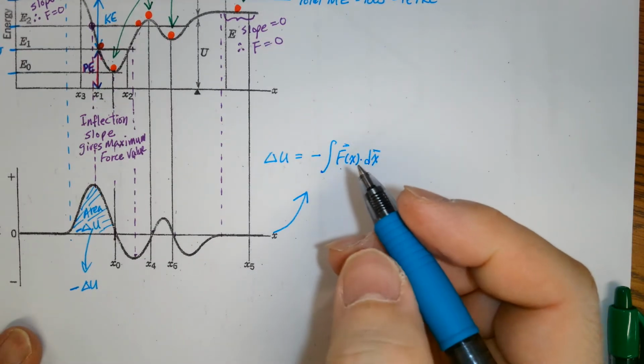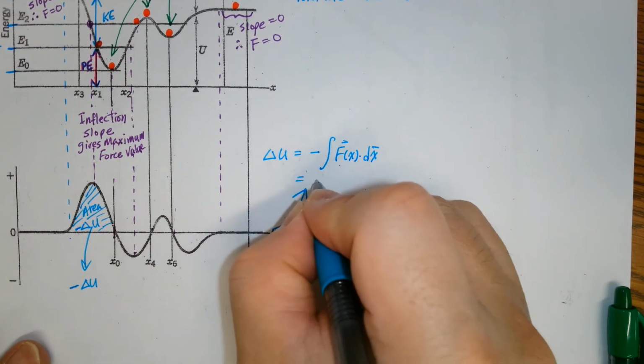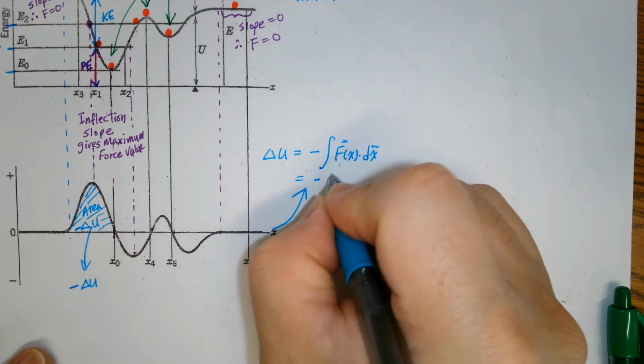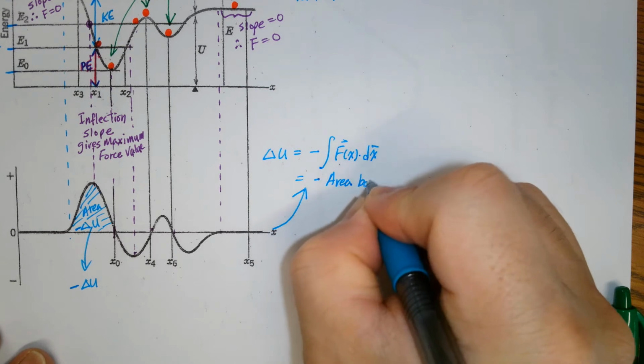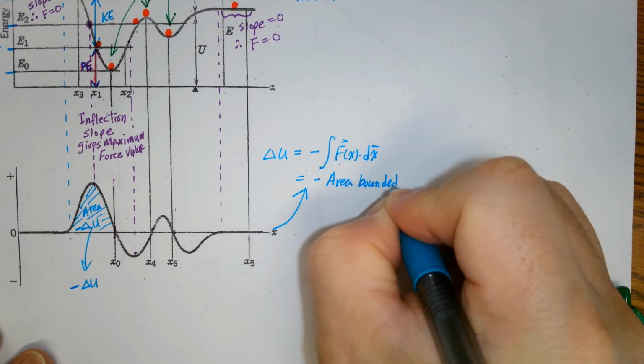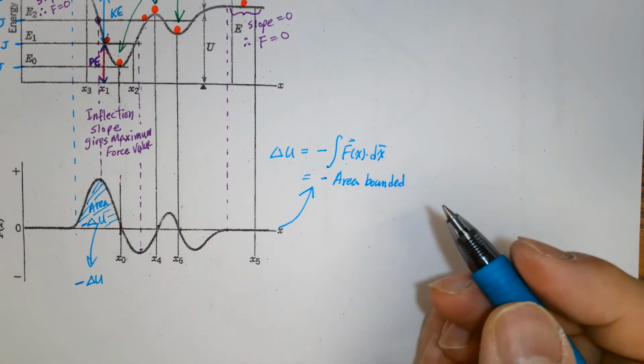So this is equal to the negative area bounded.